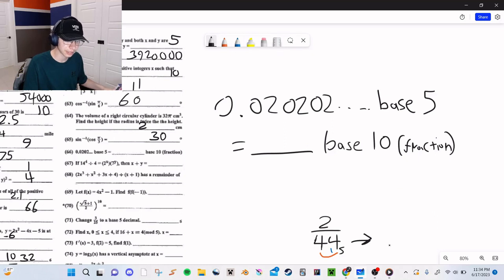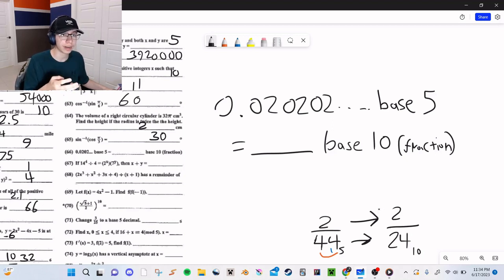That's going to get us 24. So 44 base 5 is 24 base 10. And then 2 is just going to stay the same. It's going to be 2. So I changed the numerator and denominator of our fraction in base 5 to base 10.